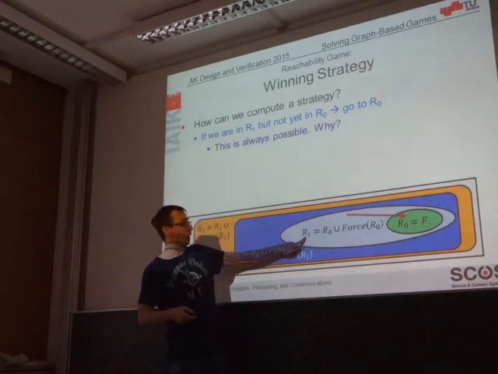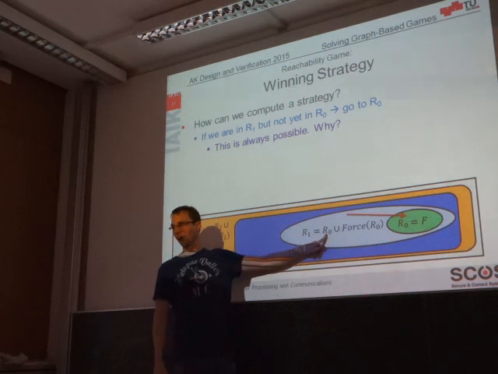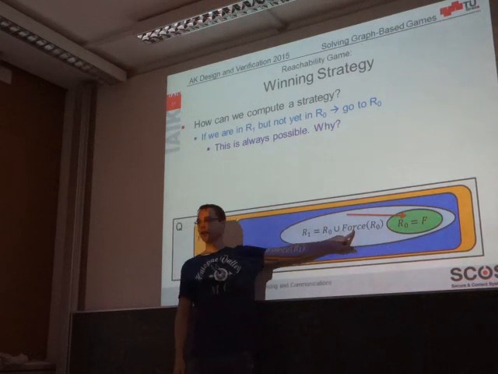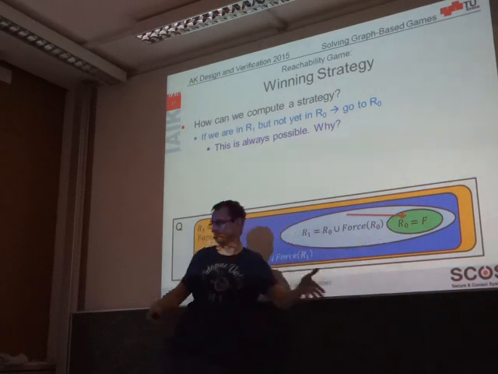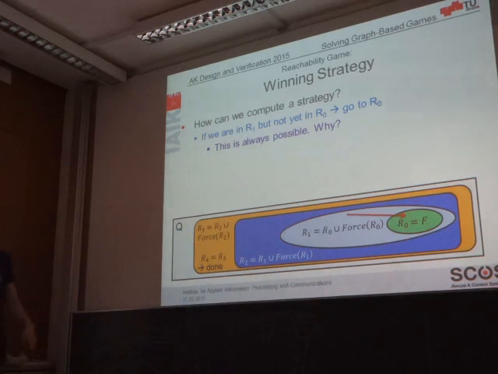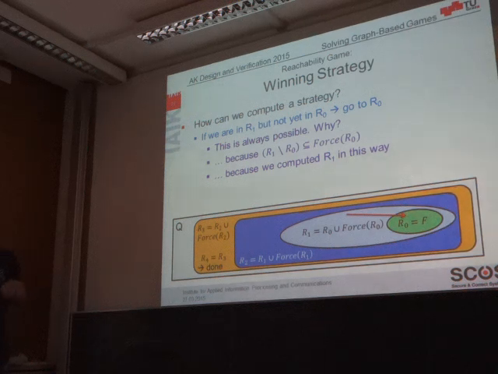So all the states that are in R1 but not in R0 must be in force of R0. So these are all the states from which we can enforce to go there. So this is basically why this is always possible. So the intuitive reason is this is just the way how we construct these R's, because we construct them in such a way that this is always possible.